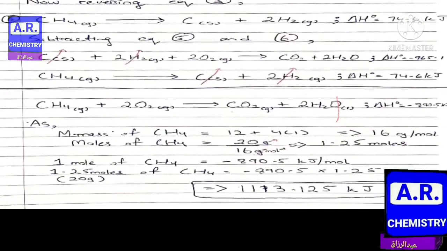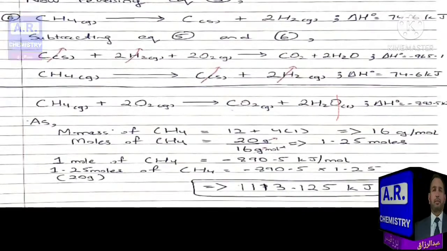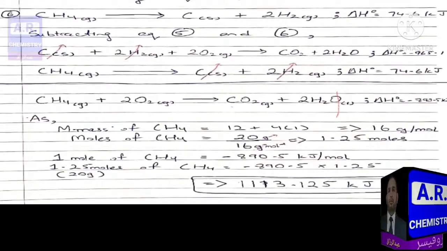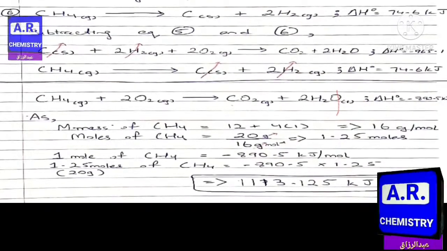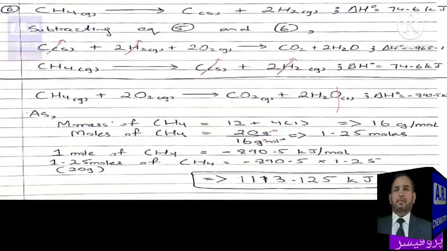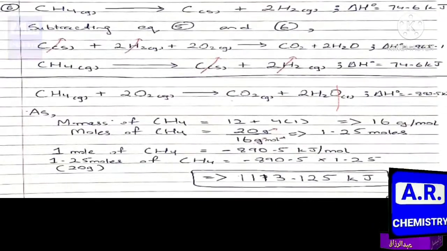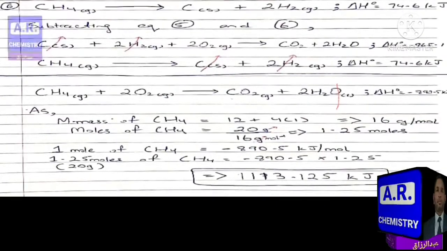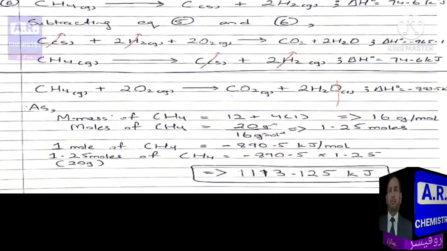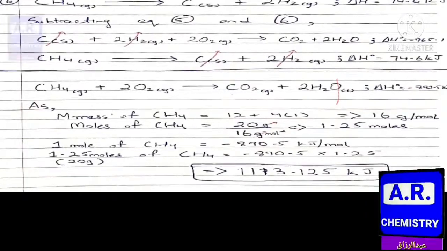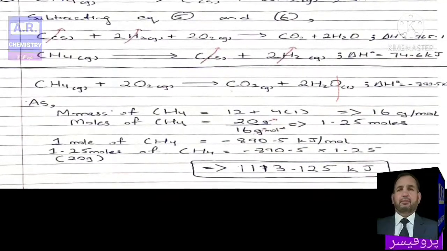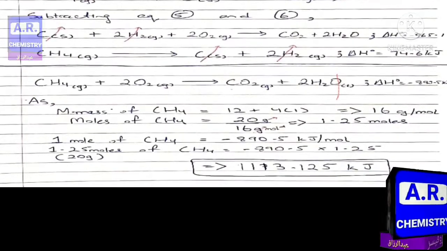Here you have two ways. One is to convert 20 grams of methane into its moles, or you may directly solve the problem: 16 grams releases 890.5 kilojoules, 1 gram will release so much, and 20 grams will release so much. You have to multiply the amount of heat released by 1 gram by 20 grams.